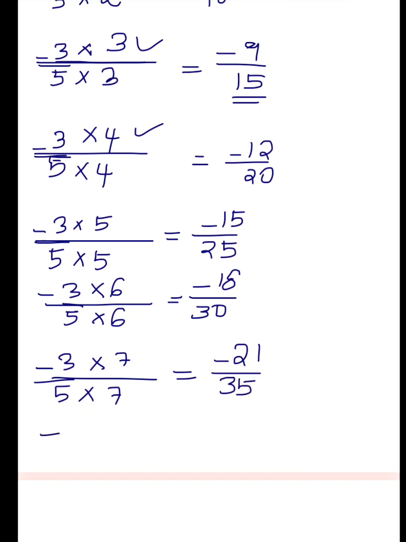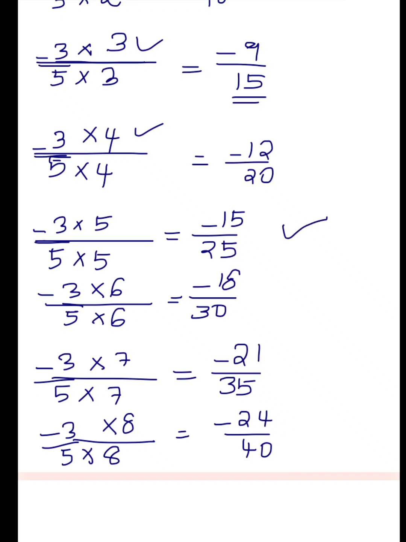Now minus 3 by 5 into 8, so minus 24 by 40. So you have found out the next 4 numbers, that is minus 15 by 25, minus 18 by 30, minus 21 by 35, minus 24 by 40. These are the next 4 numbers in the pattern.